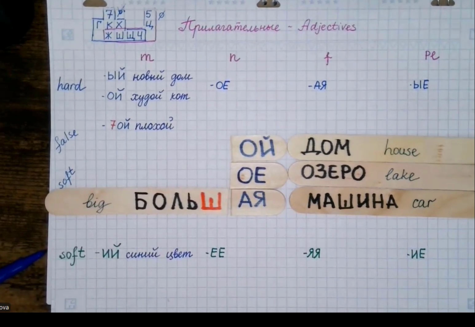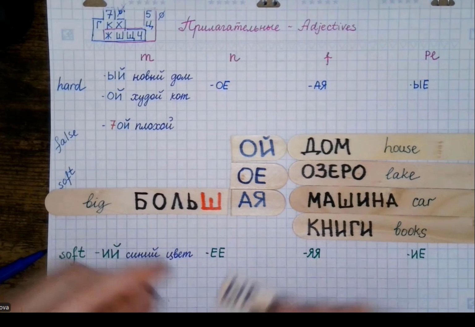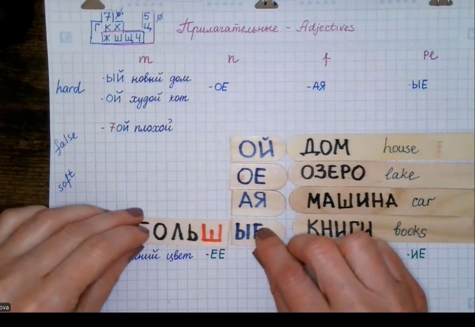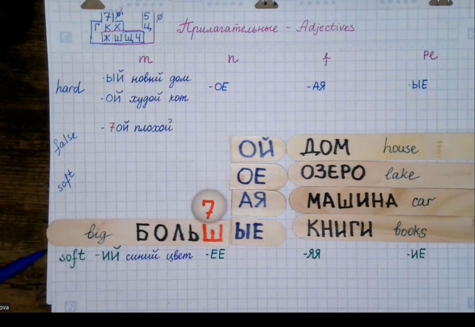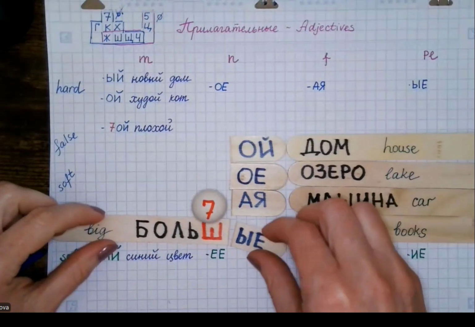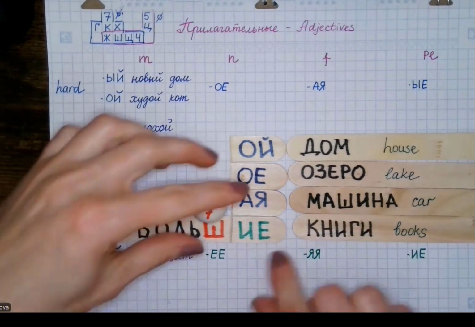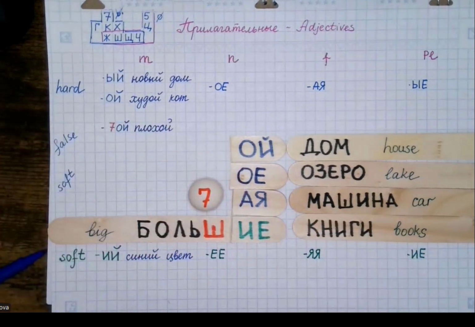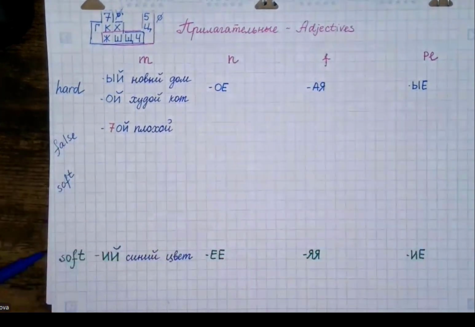Большая машина. But to say big books, we can't. We cannot add this ы to ш because it's a part of the 7-letter rule, cannot have ы. So we have to switch it to the soft ending и. Большие книги.